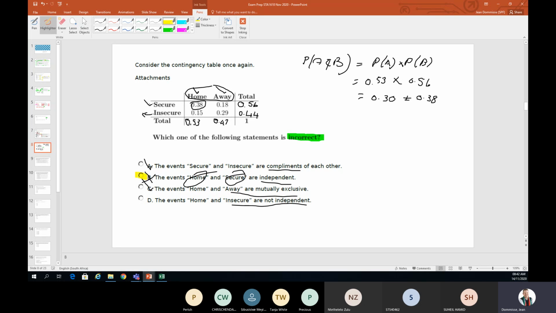Let's just do the same with this one. So it would have been home and insecure. Home again would have been 0.53 times the insecure of 0.44.